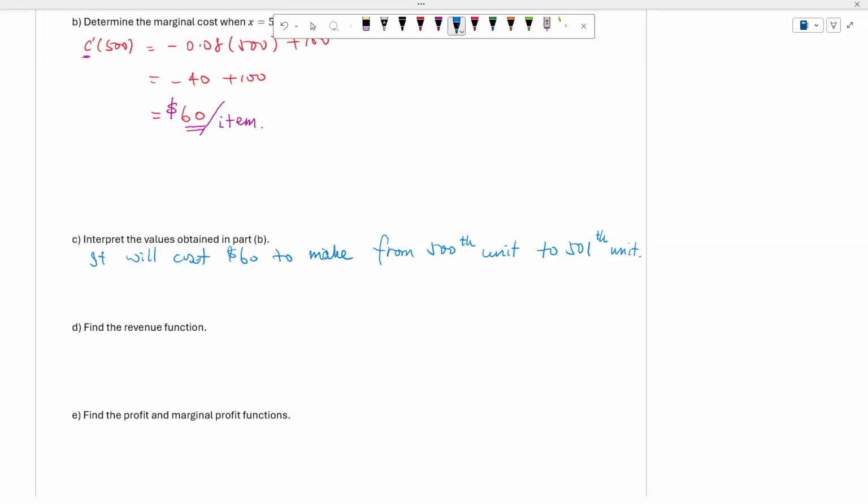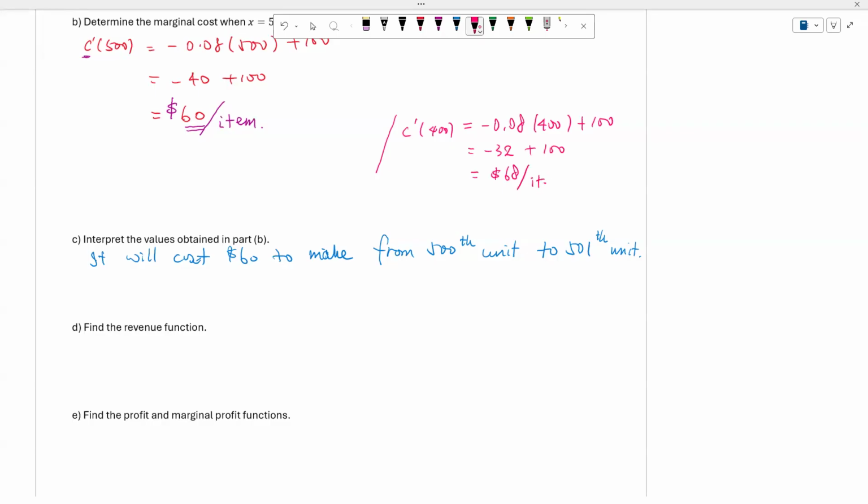Now you have to understand that the marginal cost will be different at different production levels. For example, if I want to find C prime of 400, it will be negative 0.08 times 400 plus 100. So this will be negative 32 plus 100, which is $68 per unit.